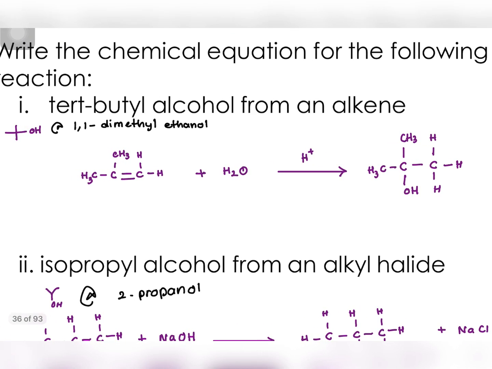First thing, lukis dulu structure of tertiary butyl alcohol ni, which is 1,1-dimethyl ethanol. So ini your structure of your alcohol here. And then kita nampak dekat sini OH.